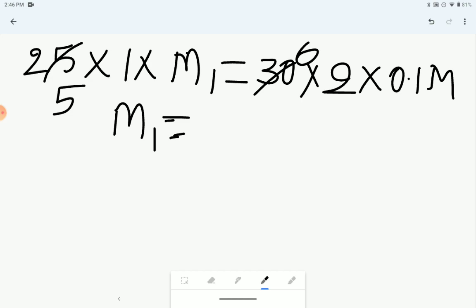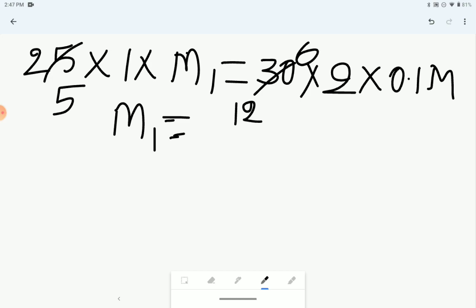Let's transfer here first of all. 6 into 1 by 10, and since 5 is multiplying on the left, when it comes to the other side it divides the right hand side.